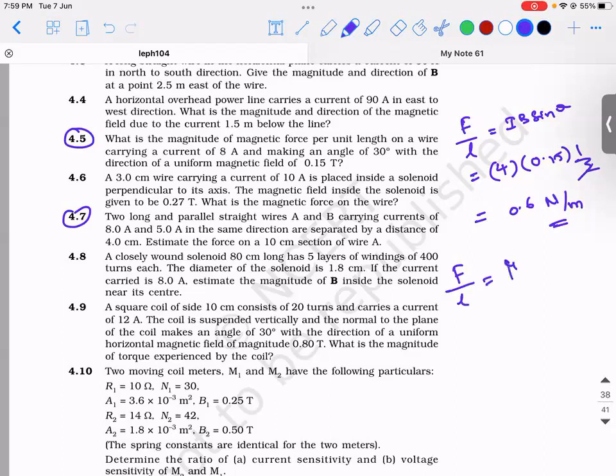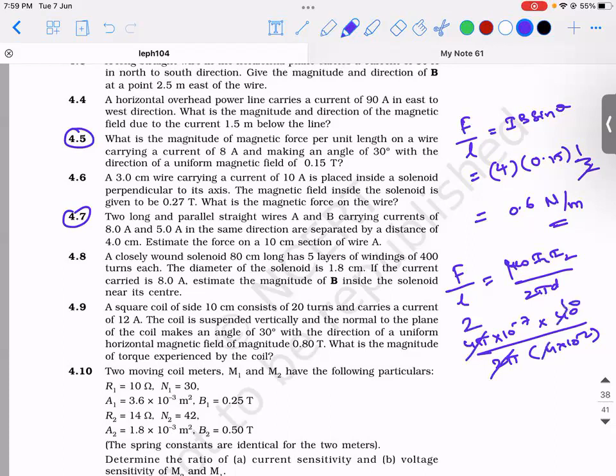So F by L is mu naught I1 I2 divided by 2 pi d. Mu naught is 4 pi into 10 power minus 7. I1 I2 will give you 40, divided by 2 pi into distance of separation, which is 4 into 10 power minus 2. Correct? So 2 pi will get cancelled, this goes 10 times. So 200 into 10 power minus 7 into 10 power 2.